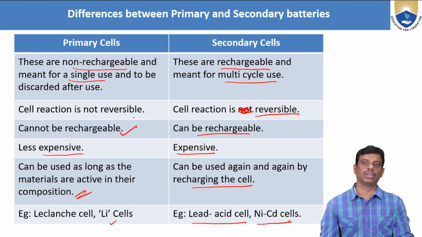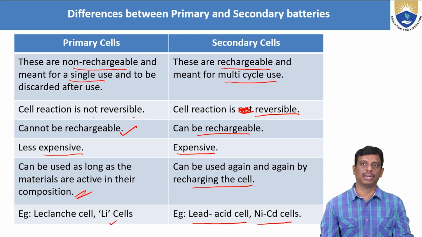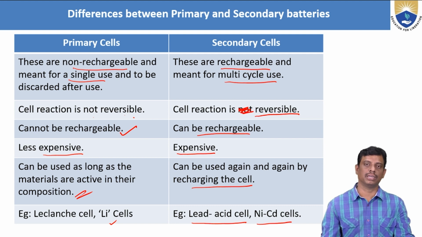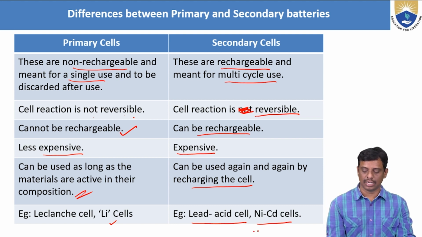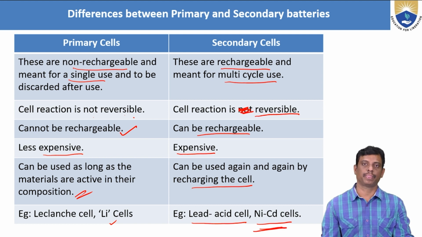Zinc is also an alternative material, a biocompatible material that we are also using. And nickel metal and alkaline batteries are also used nowadays as secondary batteries. So these are the differences between the primary and the secondary batteries.